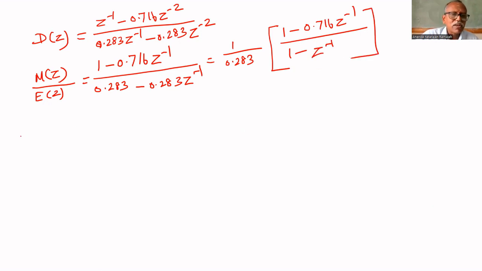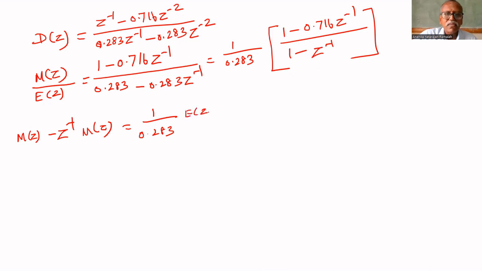If you cross multiply, you will get M of z minus z power minus 1 M of z equal to 1 by 0.283 E of z minus 0.716 z power minus 1 E of z.